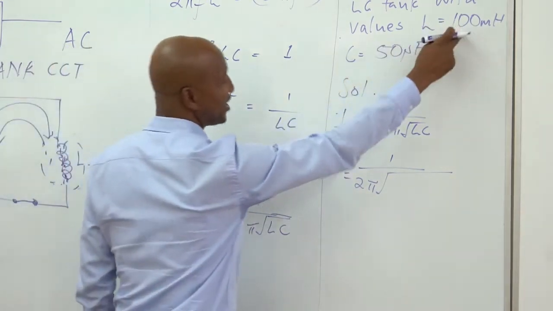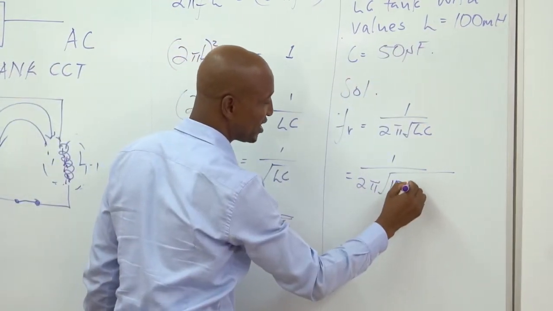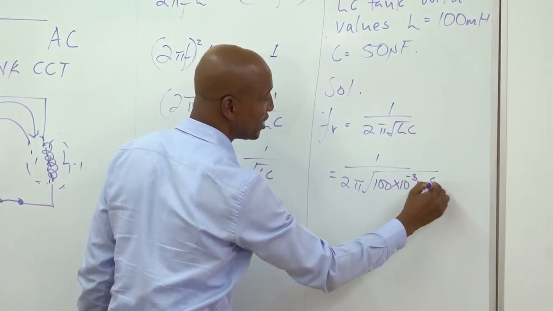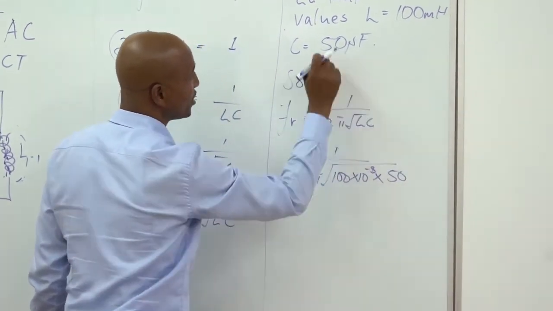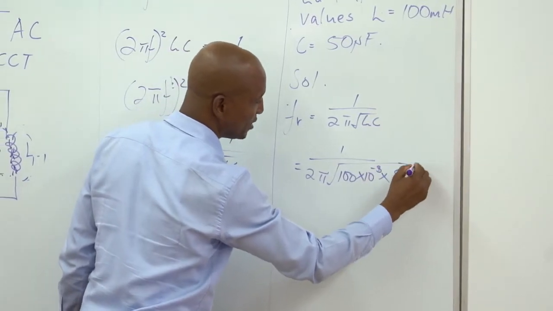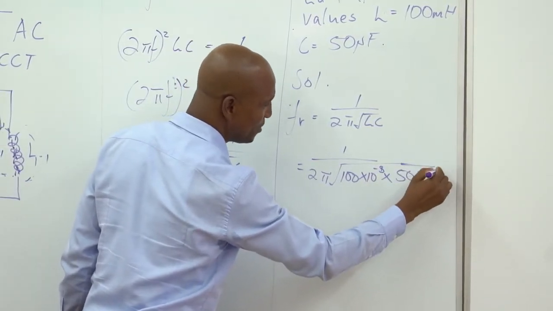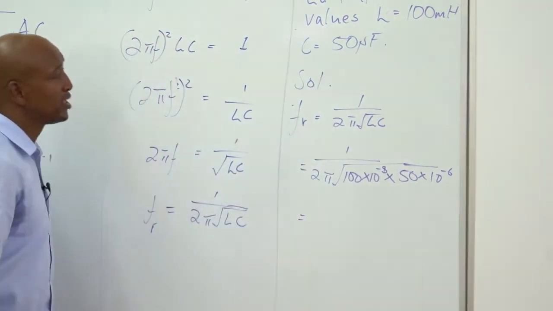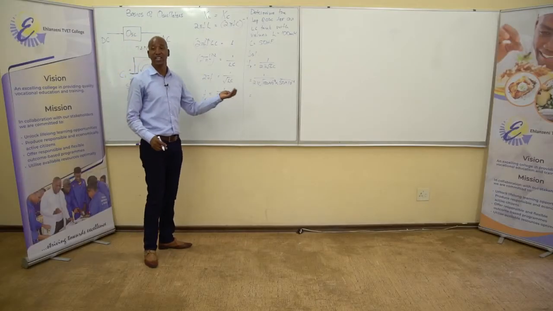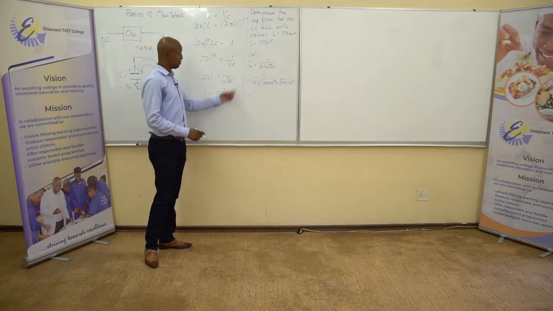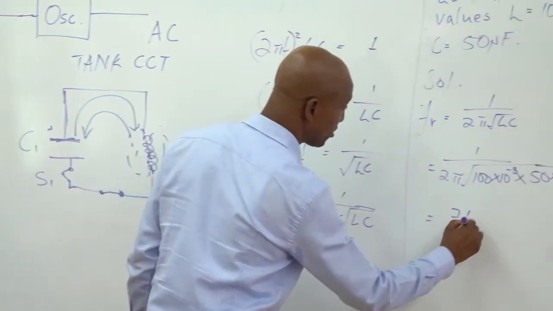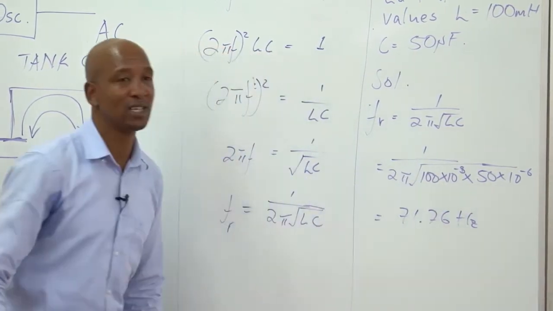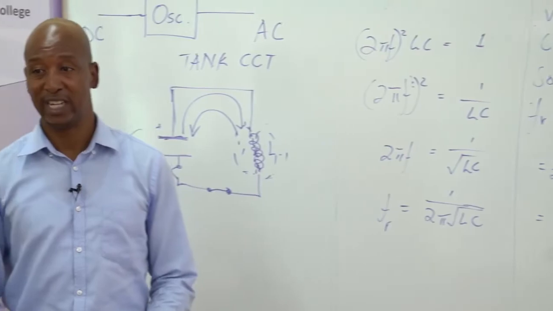The value of L is 100 millihenries, so it's 100, remember, milli is 10 to the minus 3, multiplied by C, which is 50 microfarads, 50 times 10 to the minus 6. If you punch your calculator, you will find that your frequency of oscillation is equal to 71.76 hertz. It's measured in hertz, which is our standard unit.